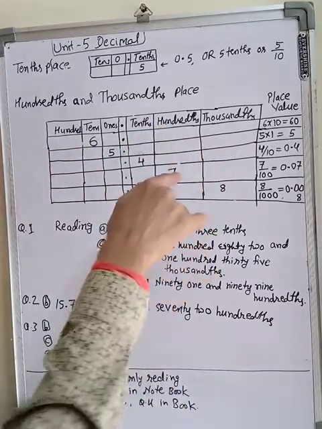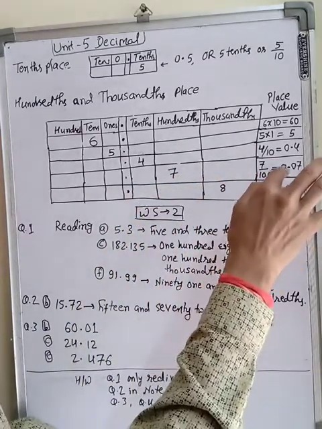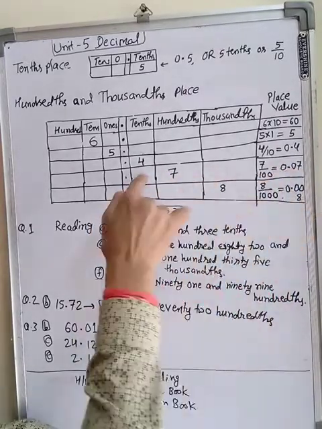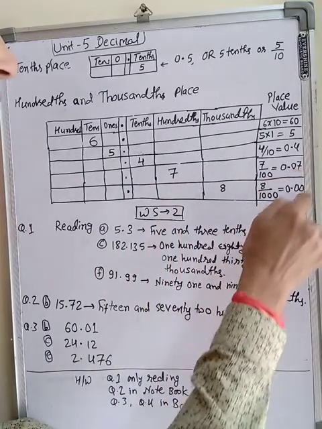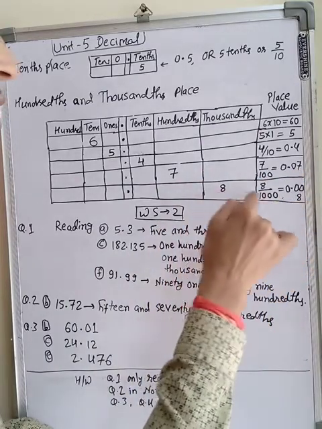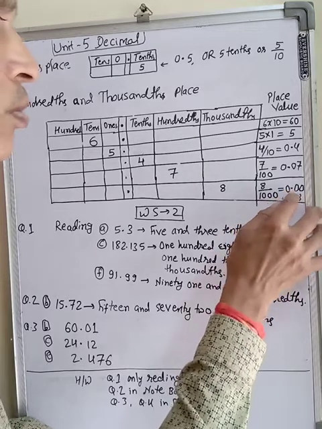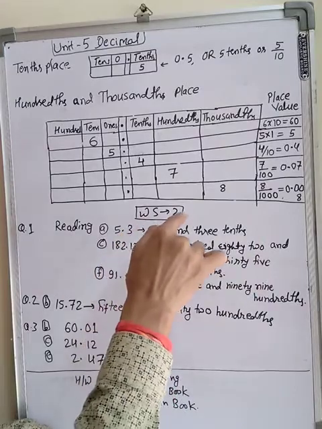So this will be divided by 100 and the result will be 0.07. This 0 is for this place, and this 7 is in the hundredths place. Here this will be 8 upon 1000, and in decimal representation it will be 0.008.